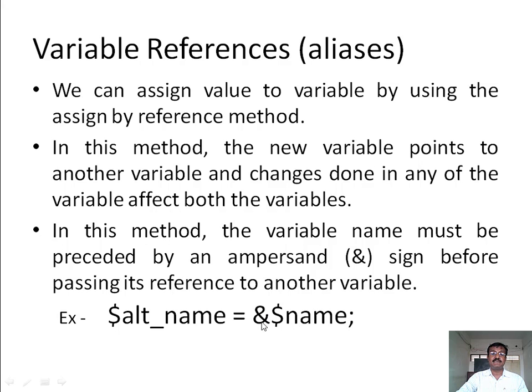That is done by placing an ampersand symbol in front of the variable name, on the right-hand side of the assignment operator. Now whatever changes are made in altName will be reflected in the name variable, and whatever changes are made in name will be reflected in altName. So this is about variable references, or aliases.